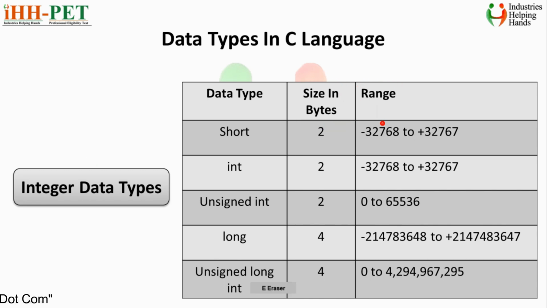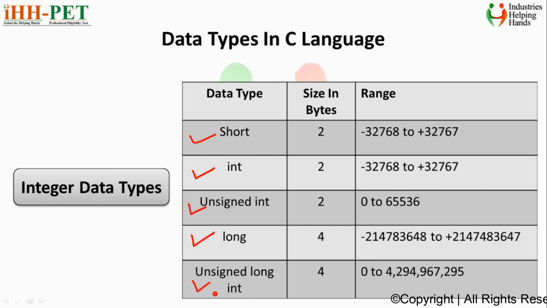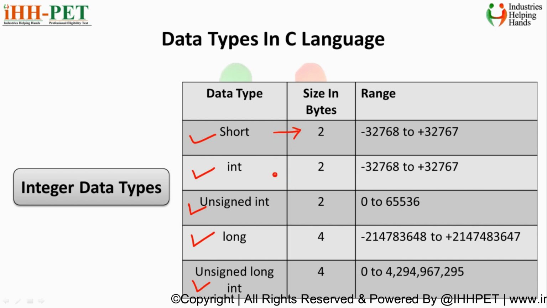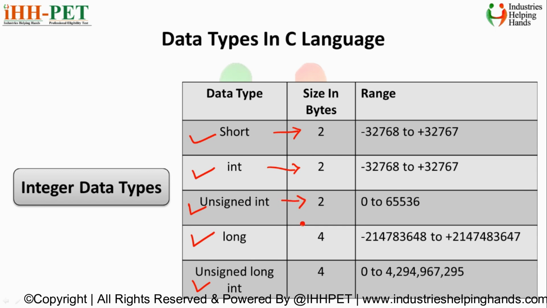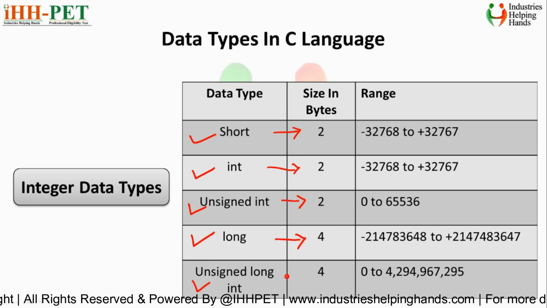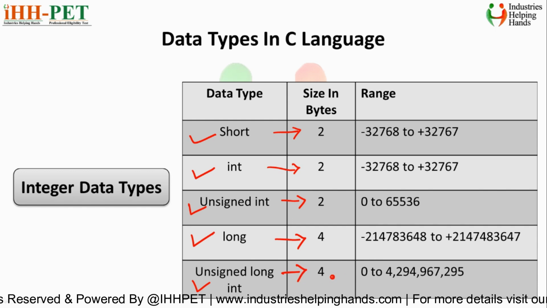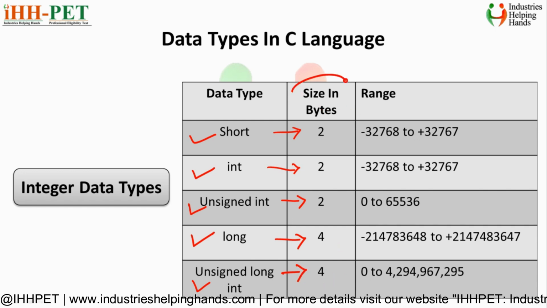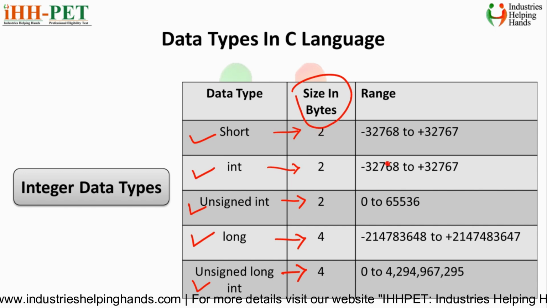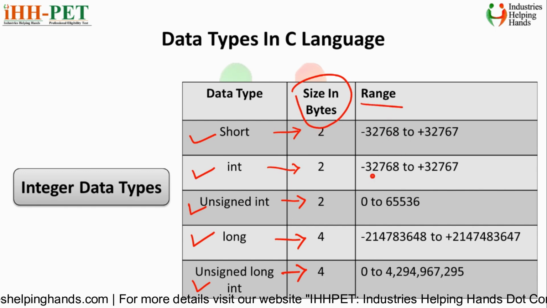Integer is categorized into short, int, unsigned, long, unsigned long integer. The short type of integer takes 2 byte in our memory. Integer 2 byte, unsigned integer 2 byte, long integer 4 byte, and unsigned long integer 4 byte. The size I am mentioning here is in byte. Range you can see here.